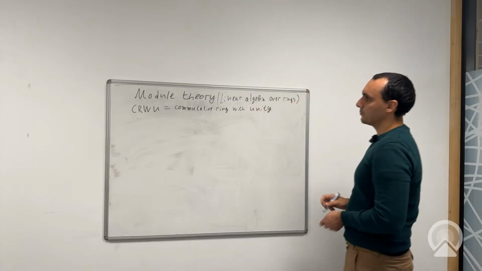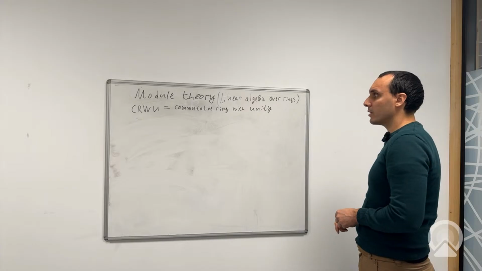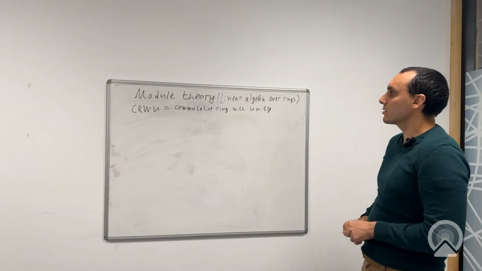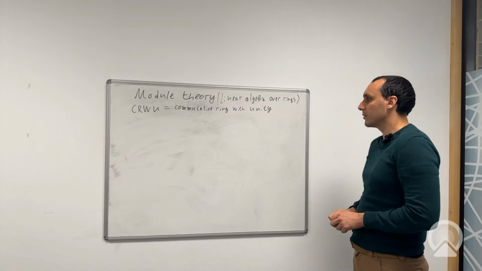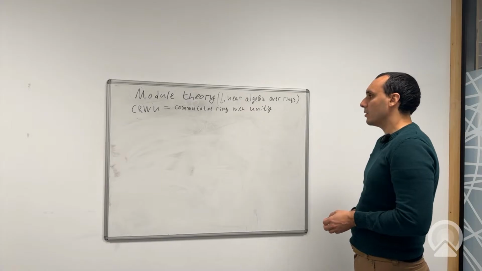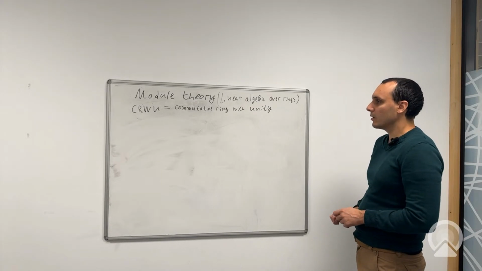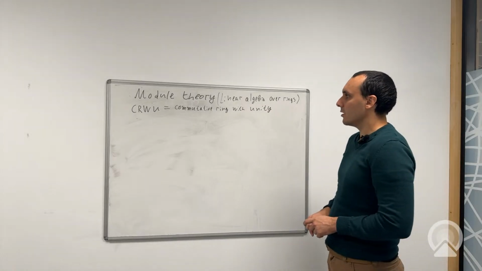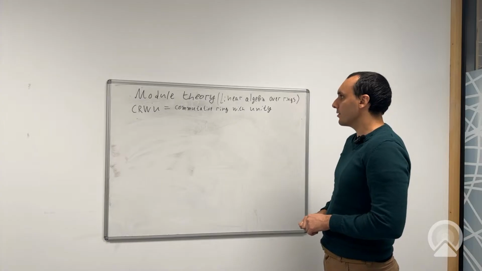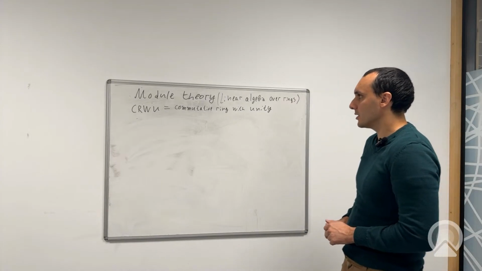To recap, a commutative ring with unity is a space where we can add, subtract, and multiply things, but it's not necessary to be able to divide. So for instance, integers are a commutative ring with unity, and rational numbers or real numbers are fields. There we can also divide non-zero elements.